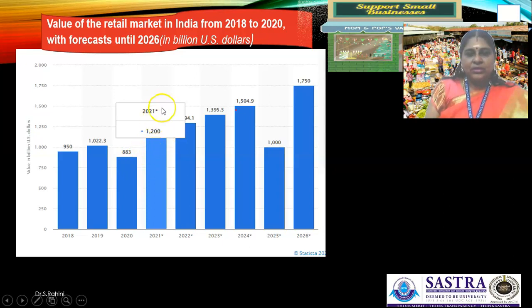You can see that it was $1,200 billion, and it was slowly rising, and the trend is expected to reach 1,750 billion US dollars in 2026. This is the opportunity available in the retail sector for all the people doing retail business. This was the future prediction of the retail industry.